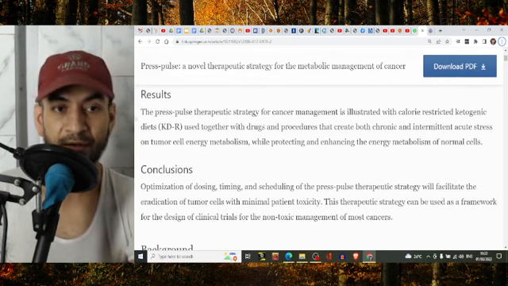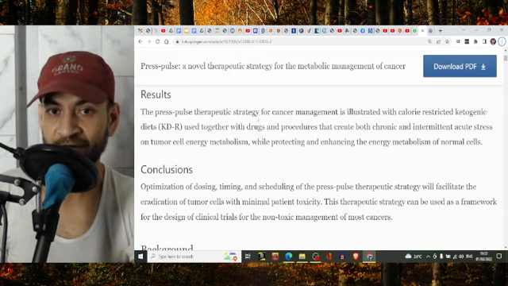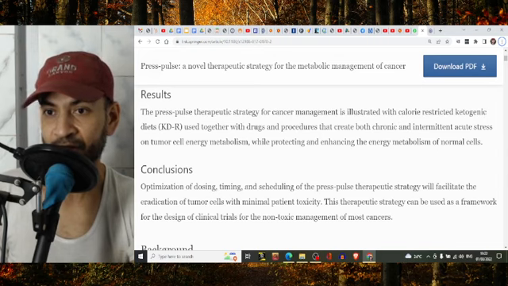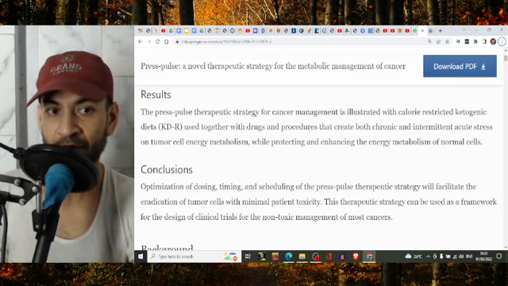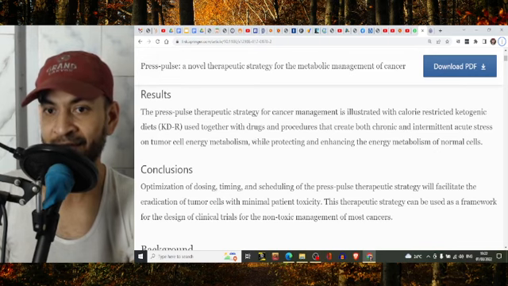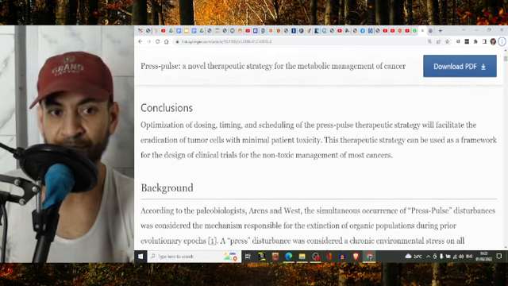Results. The press-pulse therapeutic strategy for cancer management is illustrated with the calorie-restricted ketogenic diet, KD-R, used together with drugs and procedures that create both chronic and intermittent acute stress on the tumor cell energy metabolism while protecting and enhancing the energy metabolism of normal cells.